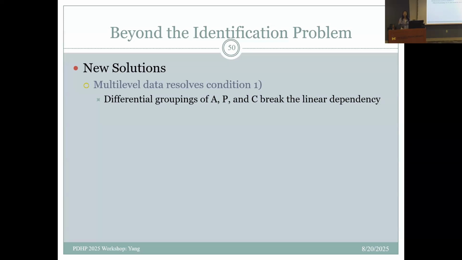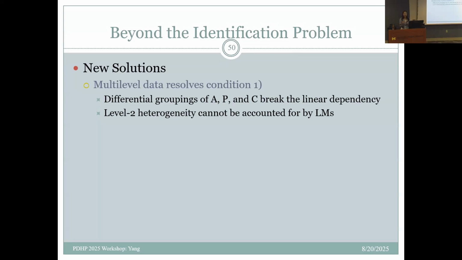While you can computationally still fit linear models with no identification problem, that doesn't really solve all the problems, because we talked about other problems with linear models. And this differential grouping is a kind of constraint, because it frees up degrees of freedom that come with their own limitations. Also, when you have multi-level data, you have level 1 heterogeneity and level 2 heterogeneity.